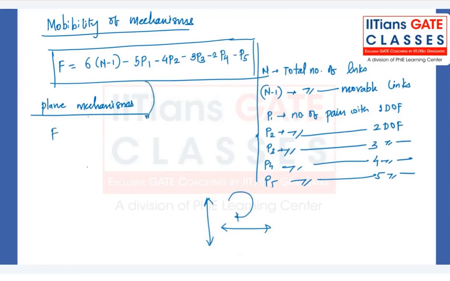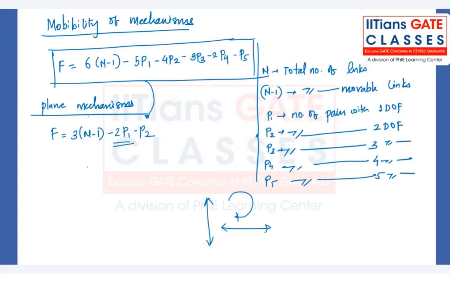So this formula will be further simplified as 3 times (n minus 1) minus 2 times P1, minus 1 times P2, because we only have 3 degrees of freedom. If we make a pair with 1 degree of freedom, we are constraining 2 degrees of freedom.